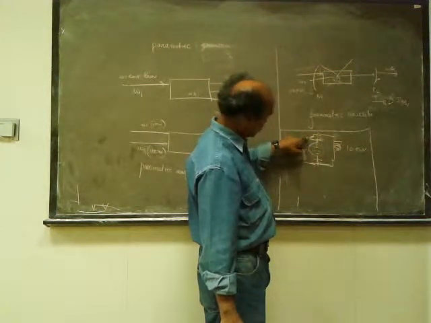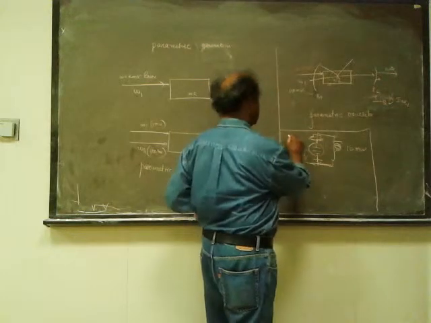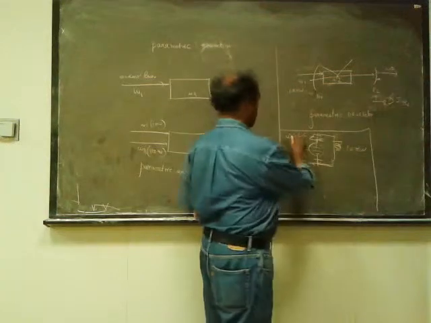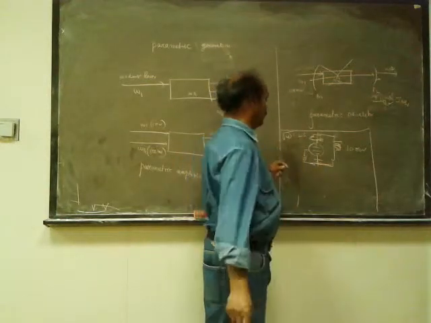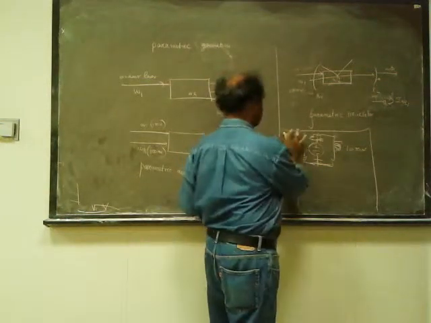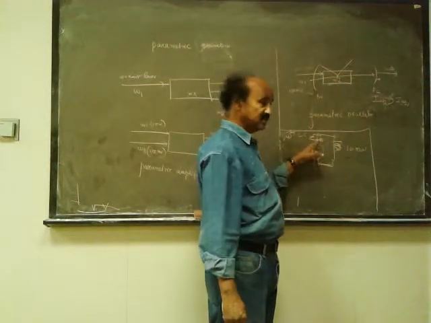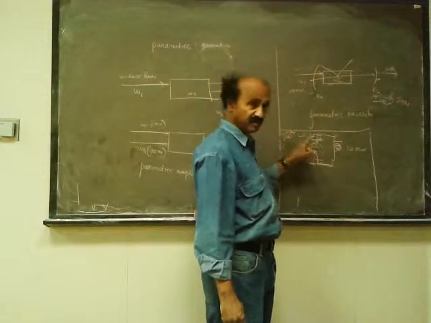The inductance and capacitance determine the frequency, 1 over 2 pi square root of LC. These two determine the frequency that is generated here.